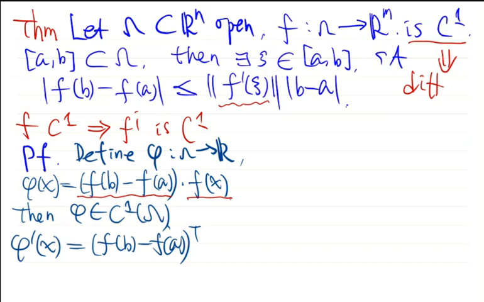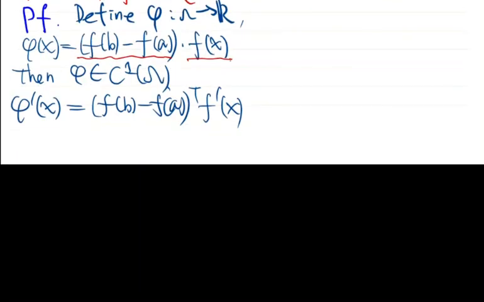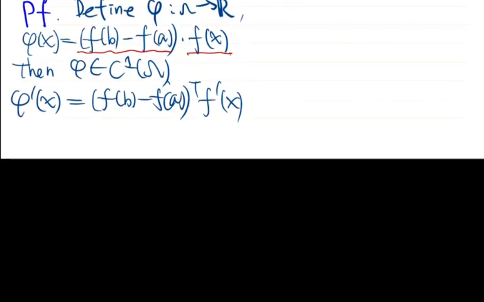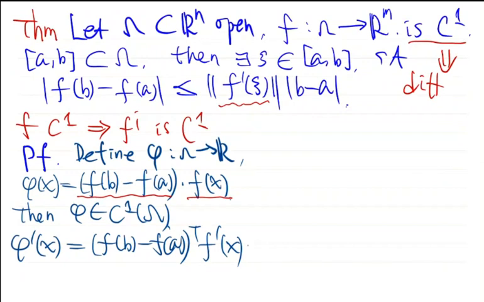So the derivative of phi at x is the transpose of the first function multiplied by the derivative of the other function, plus the transpose of f multiplied by the derivative of the other factor.